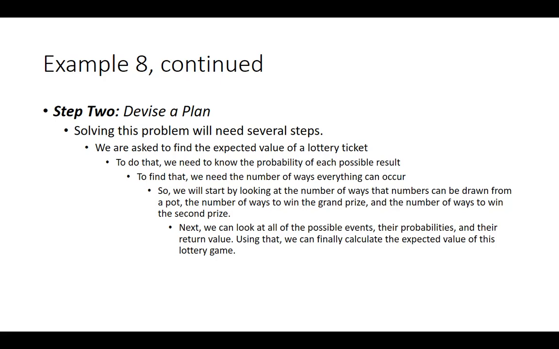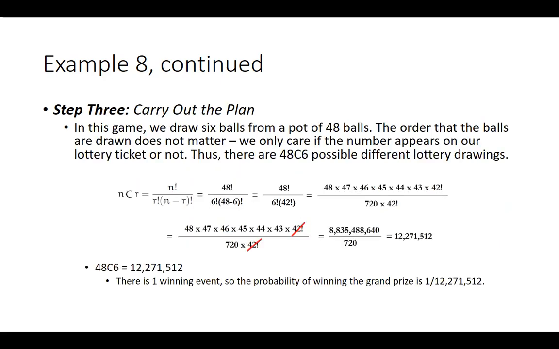So we'll start by looking at the number of ways that numbers can be drawn from a pot, the number of ways to win the grand prize, and the number of ways to win the second prize. Next, we can look at all of the possible events, their probabilities, and their return value. Using that, we can finally calculate the expected value of this lottery game. So this is the most complicated example we have had in this unit. So let's carry out the plan.